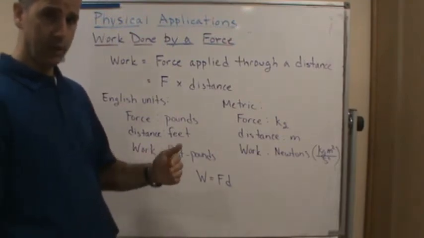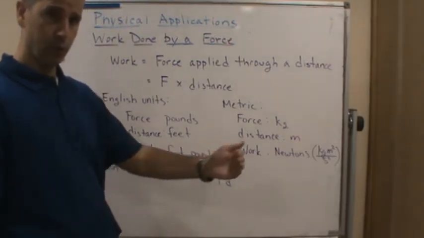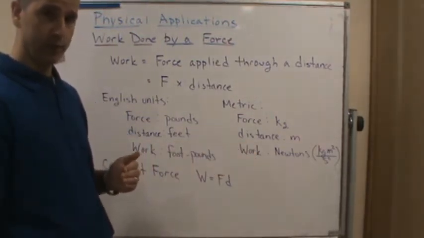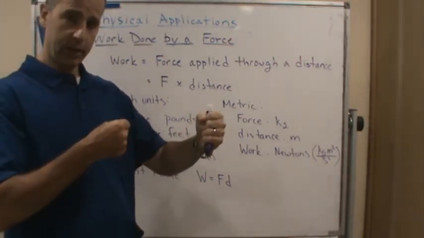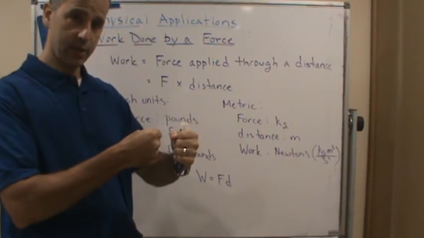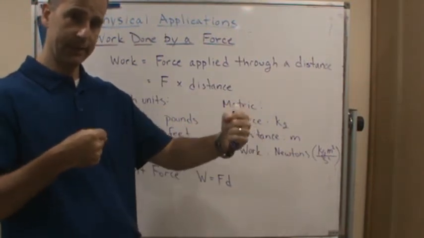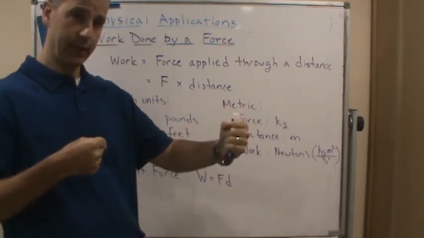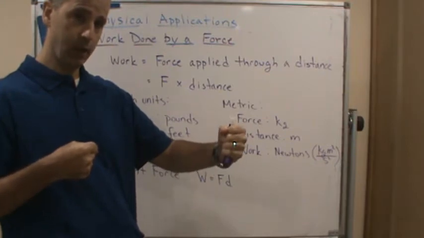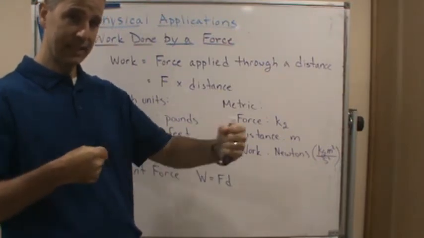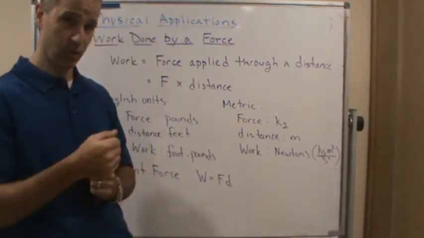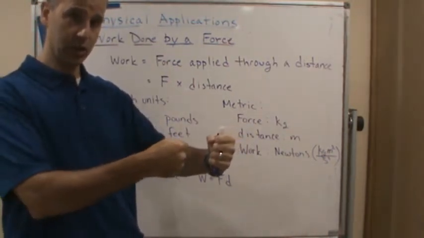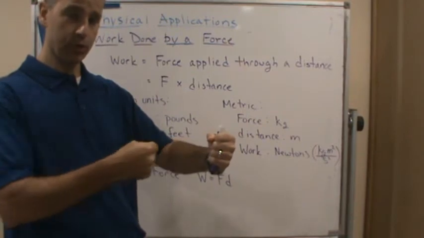But very rarely do we ever get a truly constant force. Usually force is variable through a distance, right? For example, think about a spring. The amount of force that you need to compress a spring or stretch a spring depends on how far the spring is already compressed or stretched. So distance matters. The force required changes as you pull the spring.